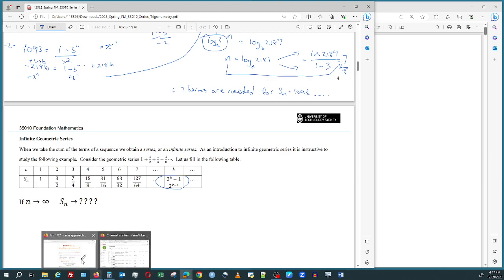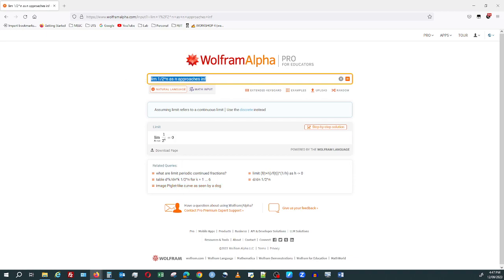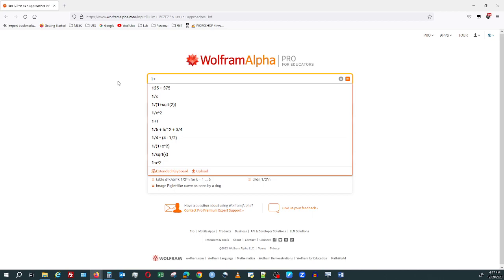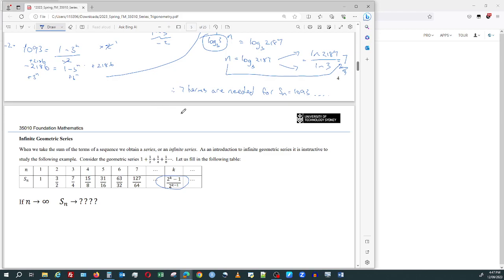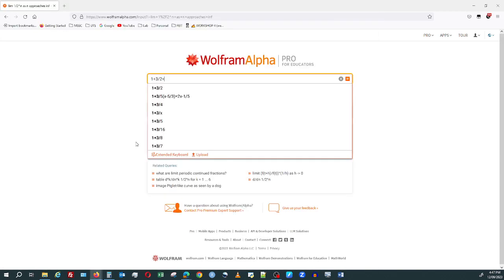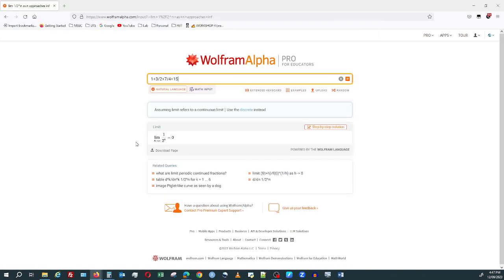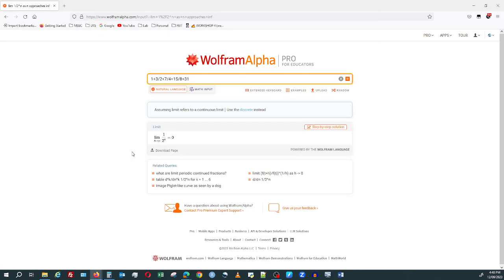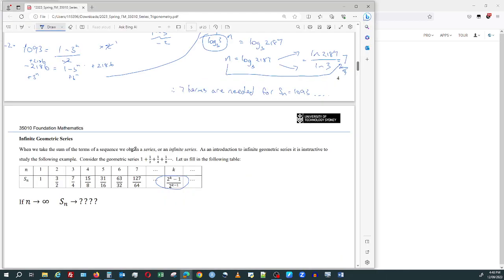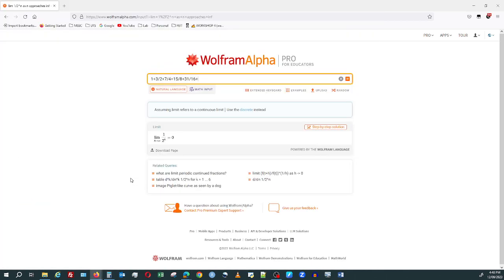So we'll grab Wolfram Alpha. So we've got 1 plus 3 over 2 plus 7 over 4, plus 15 over 8, plus 31 over 16, plus 63 over 32, plus 127 over 64.